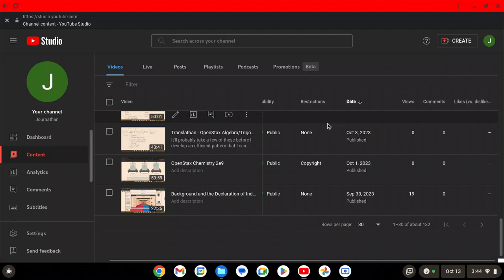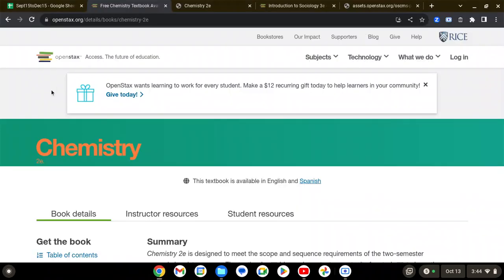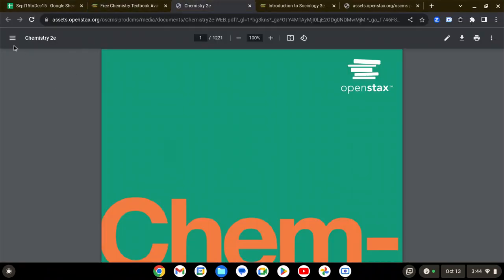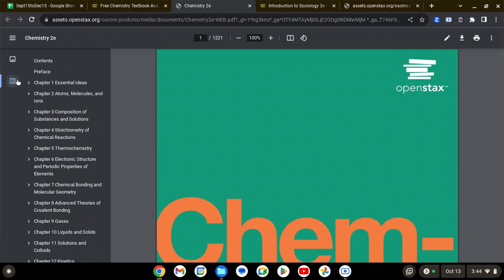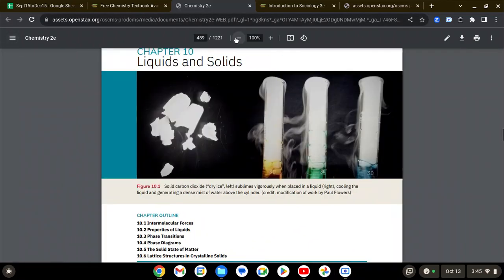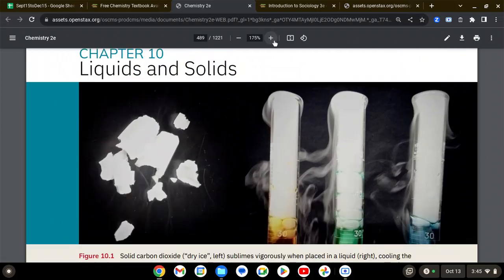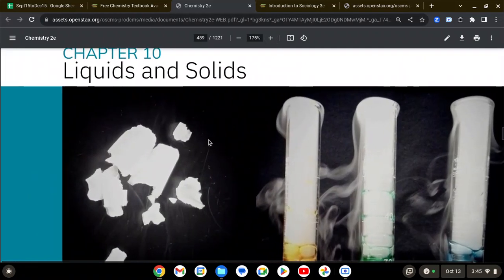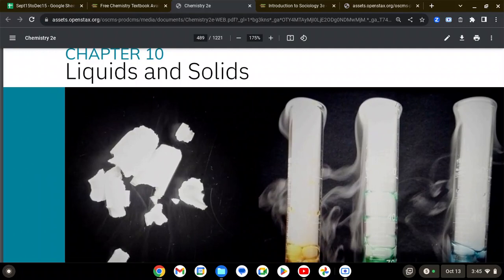Yep. 2E. 10. Zoom out. Okay, chapter 10. Openstax Chemistry.